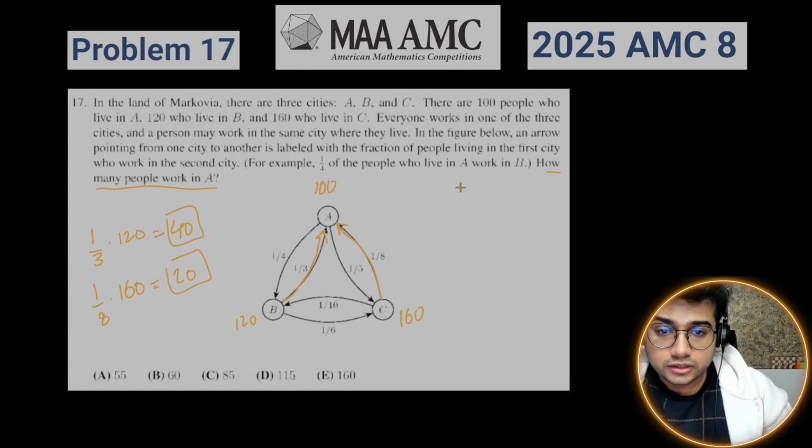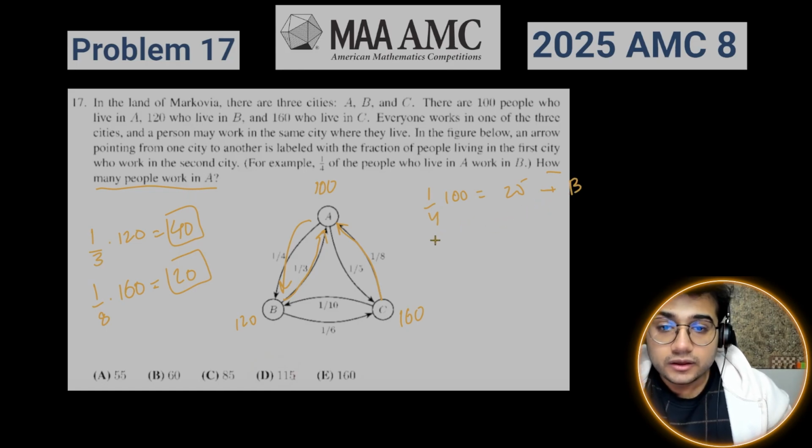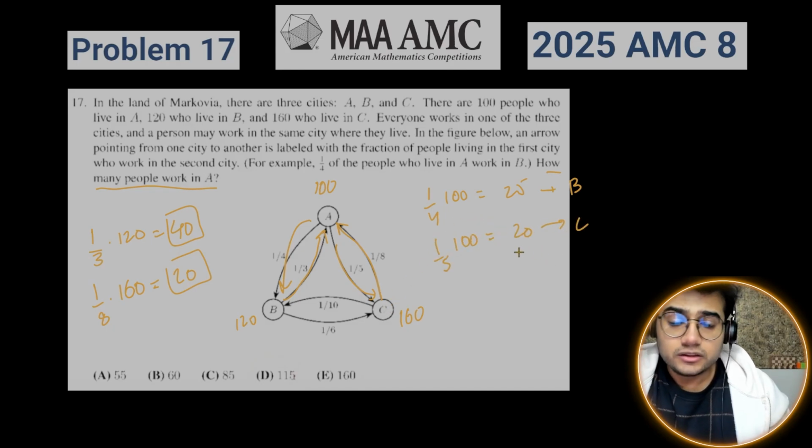And then let's take a look at A itself. 1/4 of them work in B. So what is 1/4 of 100? 1/4 of 100 is 25. So 25 work in B, not in A. Then 1/5 of A work in C. So 1/5 of 100 is 20. So 20 work in C. Then the remaining should work in A, right?